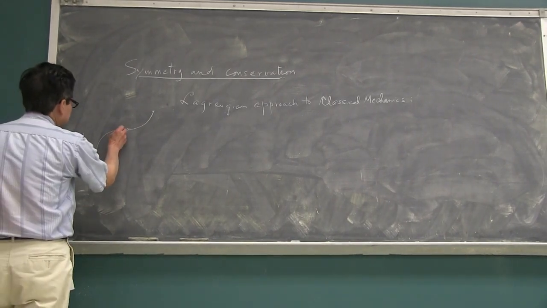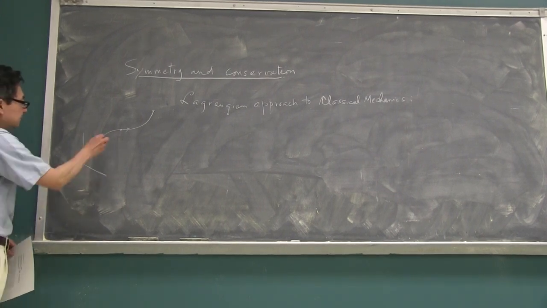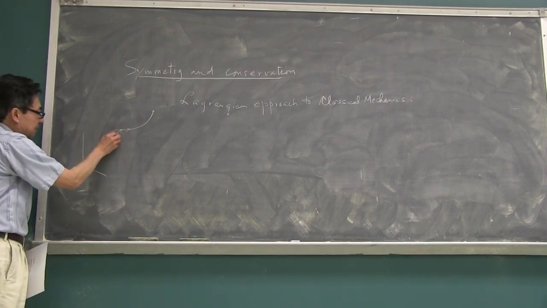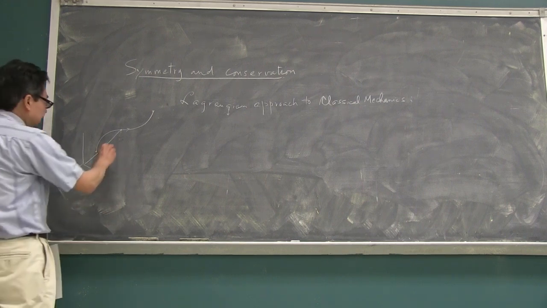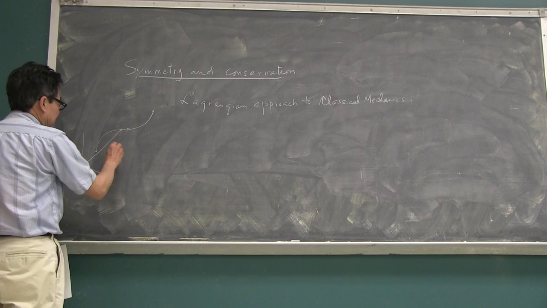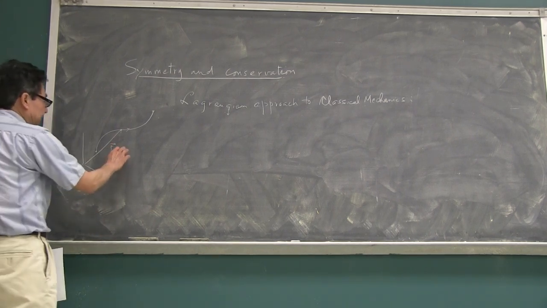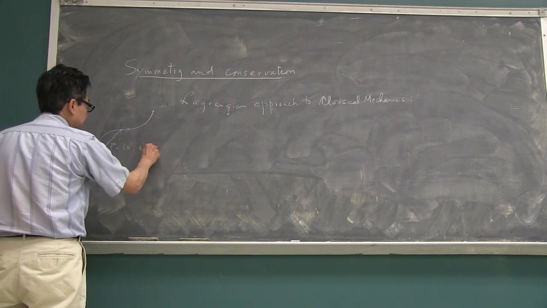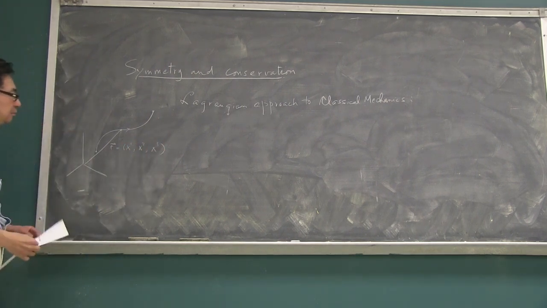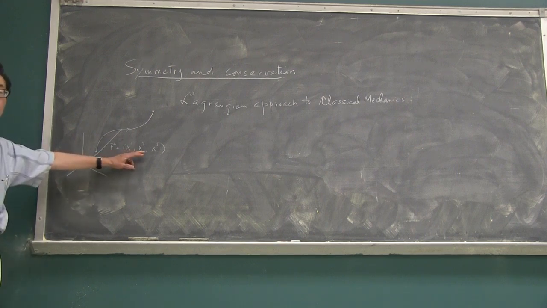A particular position of the particle will have associated with it a so-called position vector. Now how do we specify this vector? We specify it by giving its three components. If we are dealing with a particle moving in three-dimensional space, then we have three components, x1, x2, x3.